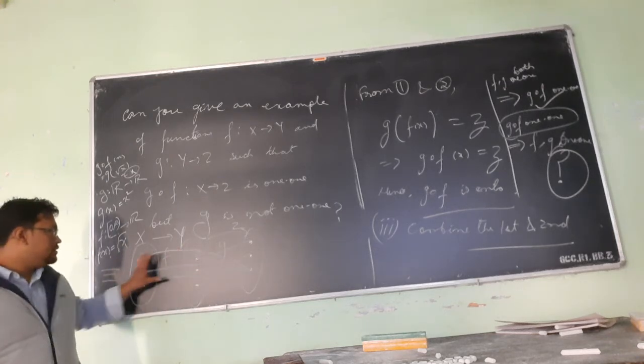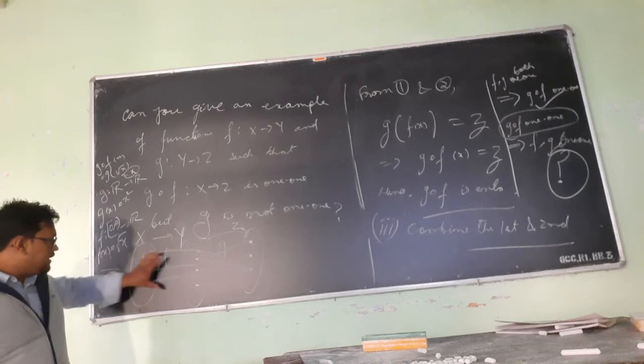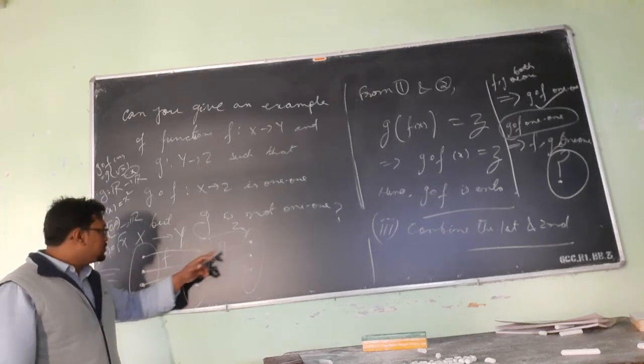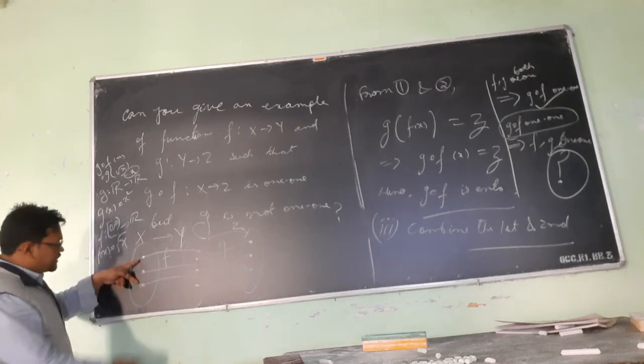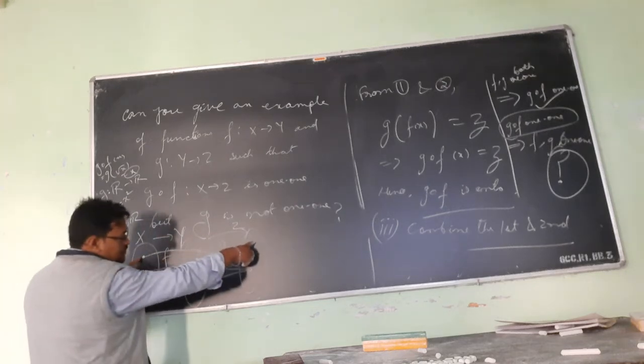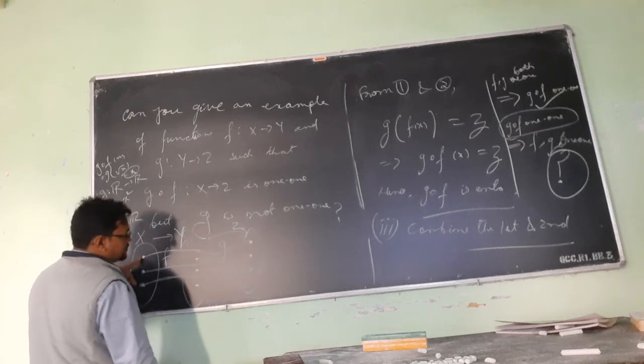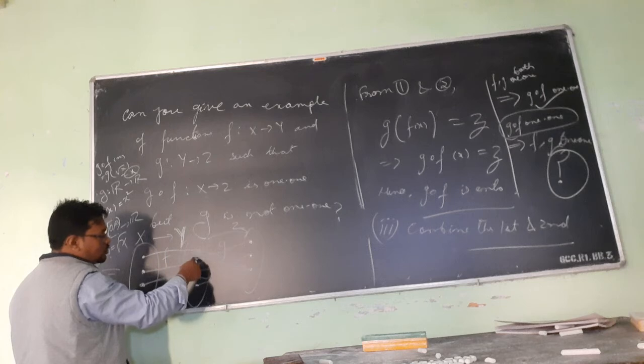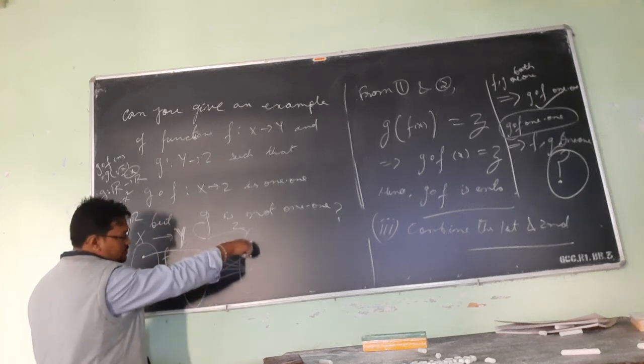f is 1-1, so f from X to Y will look like this diagram. And g∘f is 1-1, so these three distinct elements should go to three distinct elements in Z. But it may happen that there are some extra elements in Y, and those elements may go to these elements.